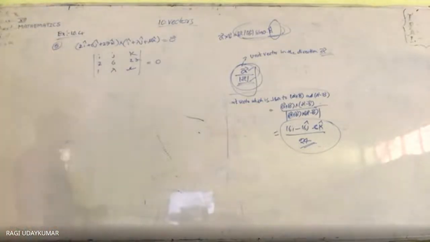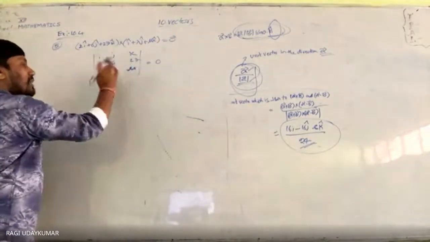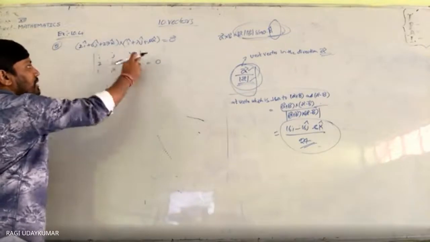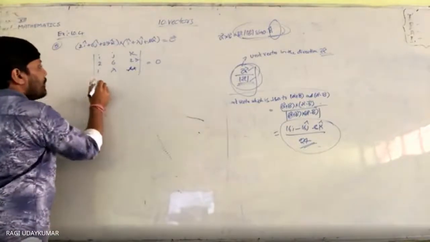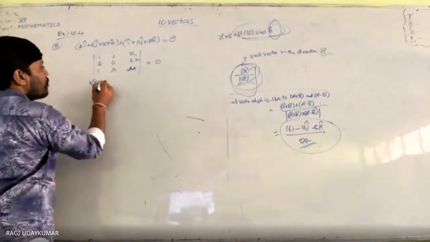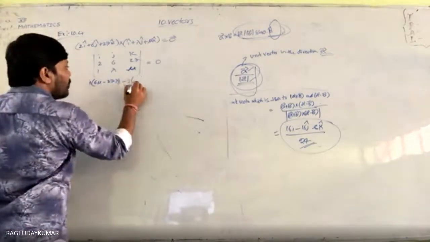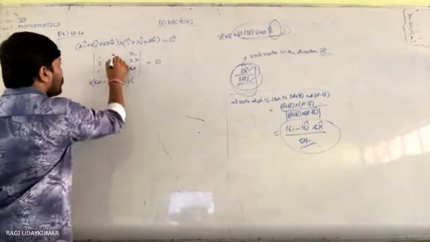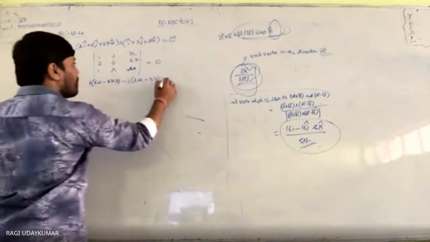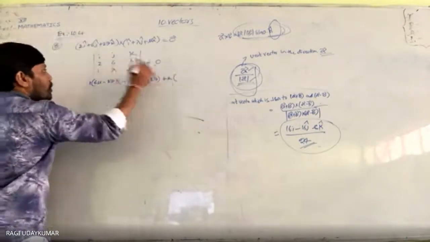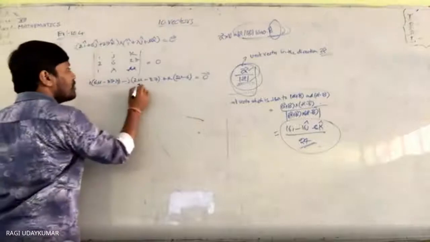Instead of doing it that way, the best approach is to expand it. See here: i into (6μ − 27λ), minus j into (2μ − 27), plus k into (2λ − 6) is equal to the zero vector. A zero vector means this is 0, this is 0, this is 0.